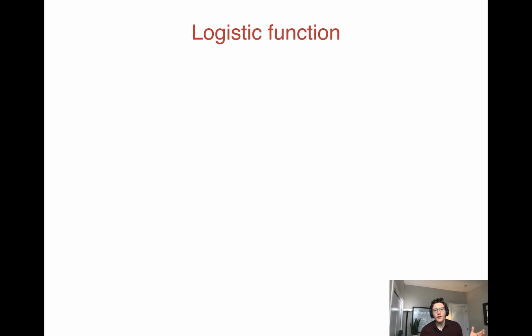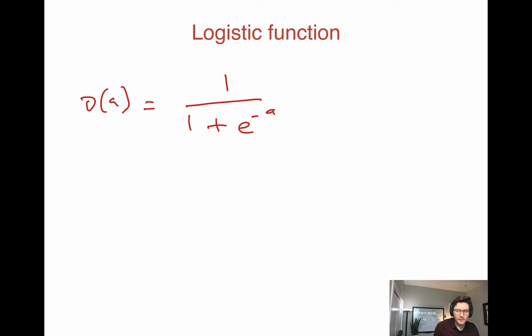Recall that in logistic regression, we use the logistic function, which is often written like this: 1 over 1 plus e to the minus a, where a is our score. And we write the logistic function itself as sigma of a.